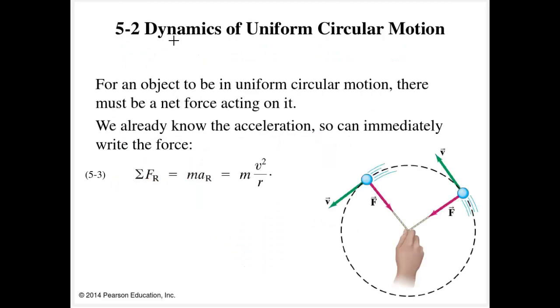Now let's talk about the forces, or some of the dynamics that must be occurring with this uniform circular motion. We know from the last slide that this object is accelerating. And if this object is accelerating, Newton's second law says there must be a force, a net force acting on it. So if we consider a ball being twirled around on a tabletop, so this isn't necessarily up and down into the air, we're looking down on the table at a ball that is being swung around radially.